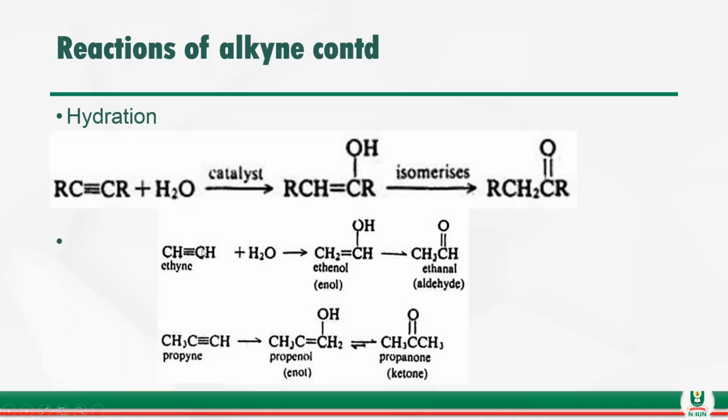So a typical example is ethyne undergoing hydration to give, first of all, ethenol, which is an enol. En here is to account for the carbon-to-carbon double bond. OL here is to account for the OH. And then this enol will tautomerize to ethanal, which is an aldehyde.